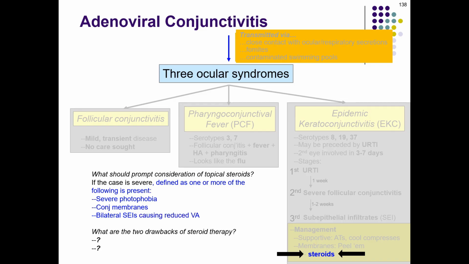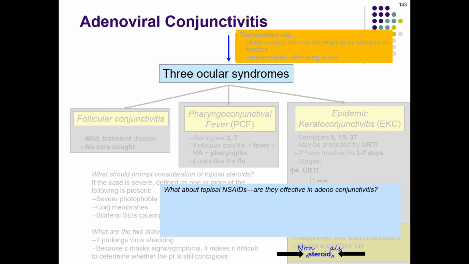What are the two drawbacks of steroid therapy? It prolongs the virus shedding, so it can increase the recovery period, and because it masks the signs and symptoms, it makes it difficult to determine whether the patient is still contagious. What about topical NSAIDs, non-steroid therapy?